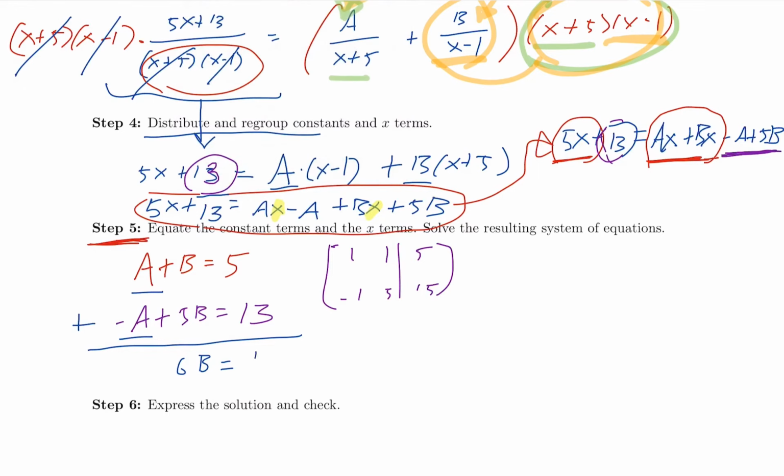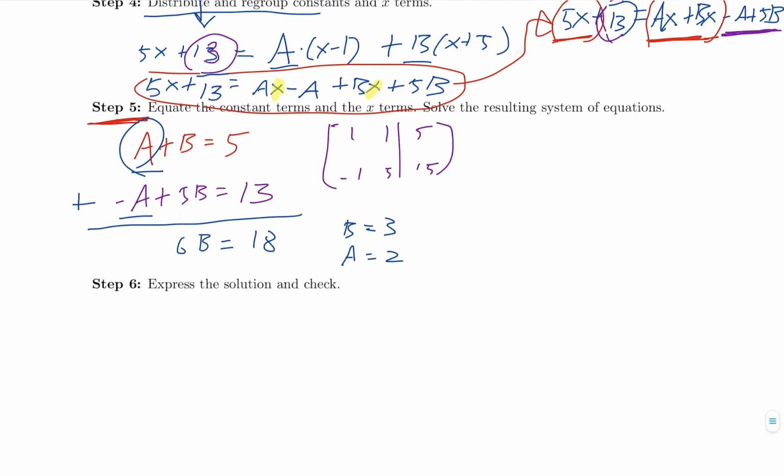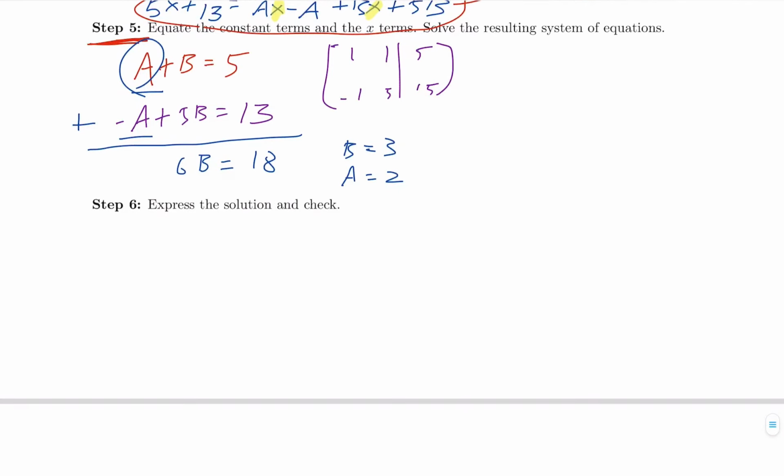Okay, so then we have 18, right? So then we divide by 6 on both sides. B is 3. If B is 3, then A must be 2, because A plus B gives us 5. So we need to express our final answer in partial fractions.